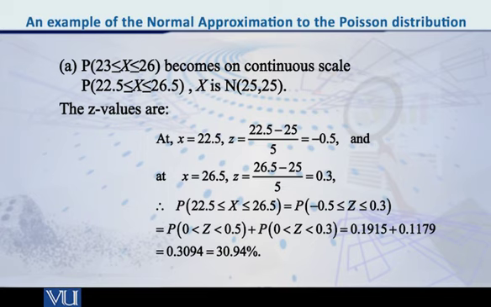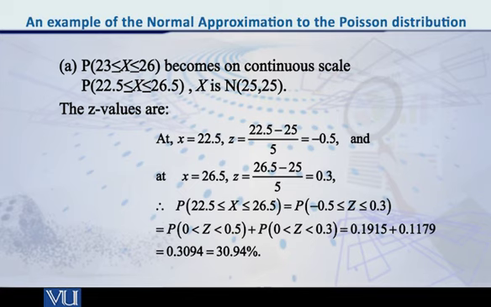But we also know that lambda represents the mean as well as the variance of the Poisson distribution. So therefore, we will use the same for the normal, and we can say that for our normal distribution, mu is equal to 25 and sigma square is also 25, implying that sigma is equal to 5.